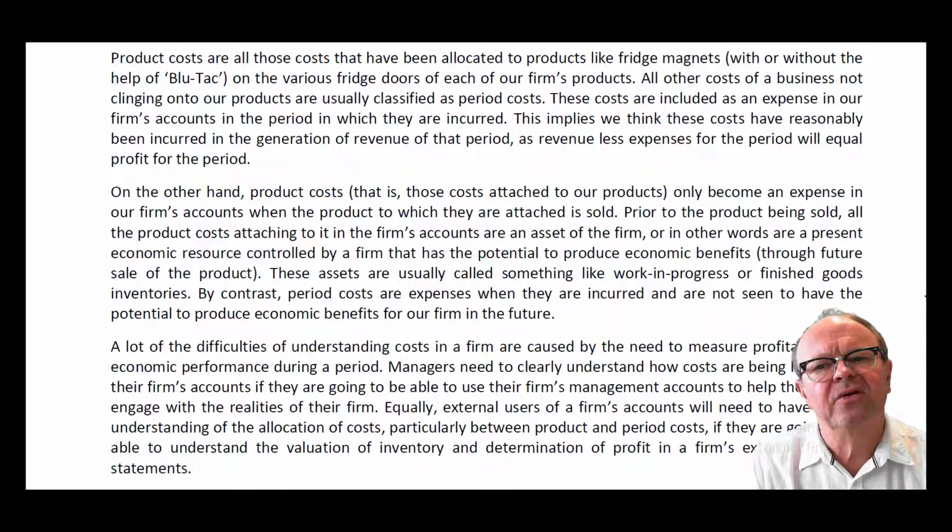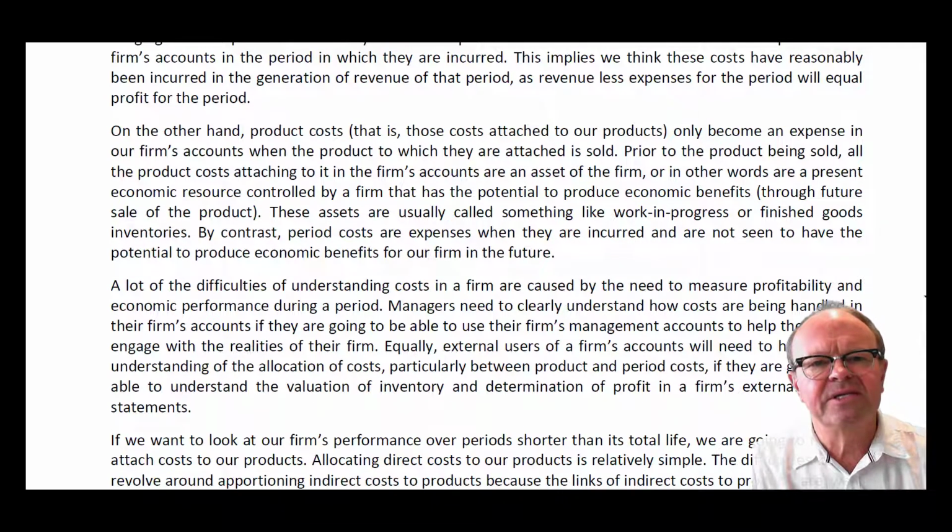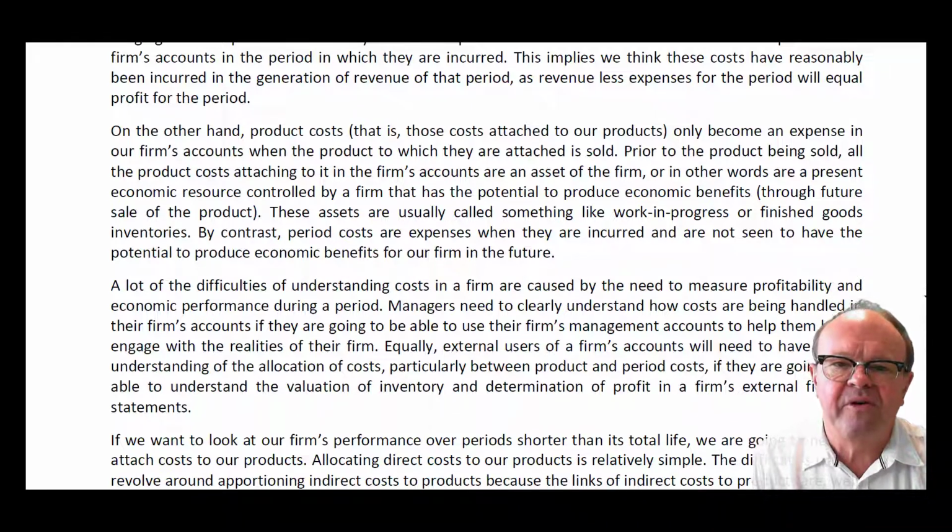These costs are included as an expense in our firm's accounts in the period in which they are incurred. This implies we think these costs have reasonably been incurred in the generation of revenue of that period, as revenue less expenses for the period will equal profit for the period.